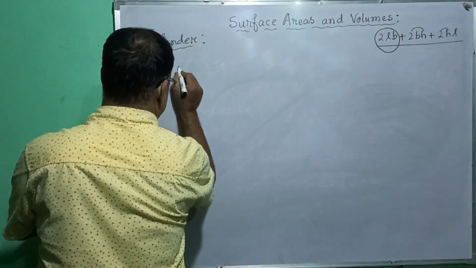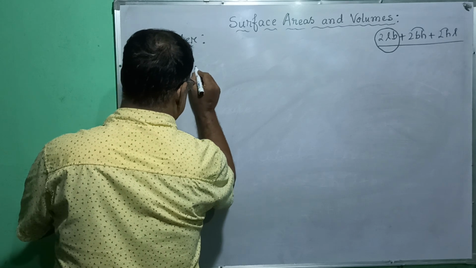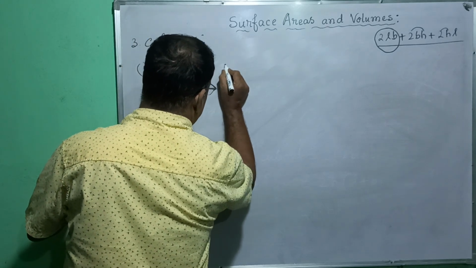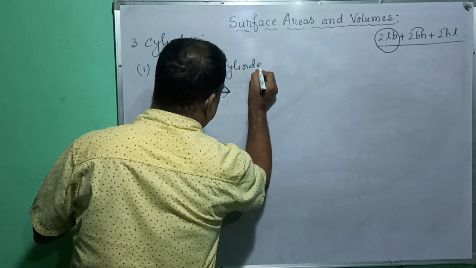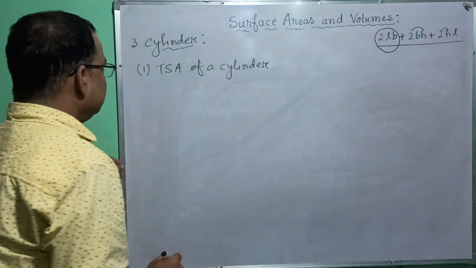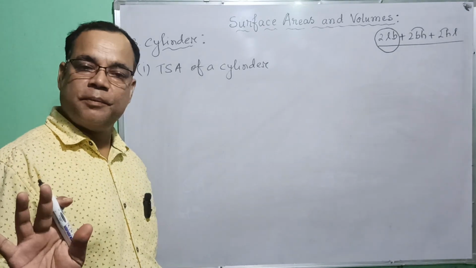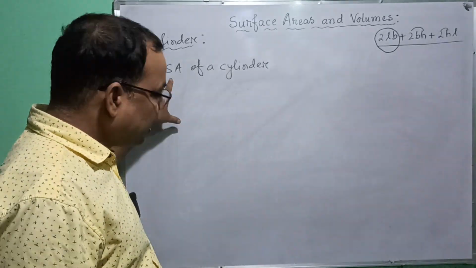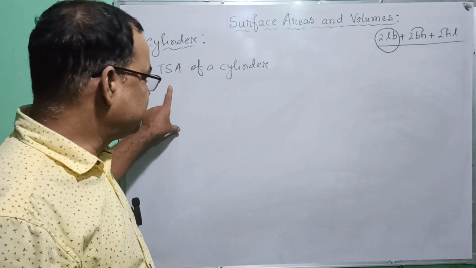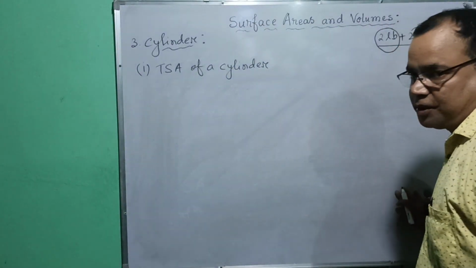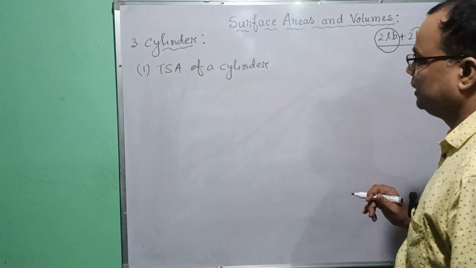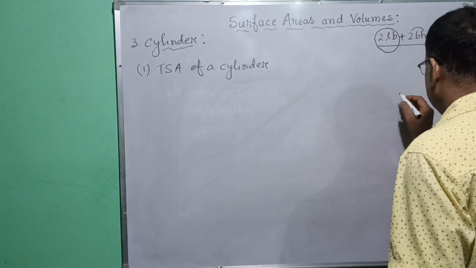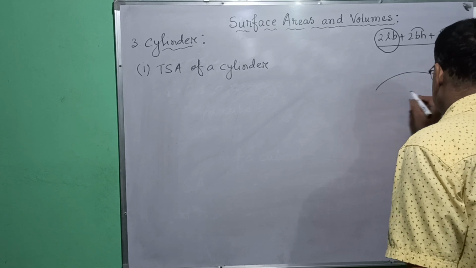So TSA, in short, I am writing total surface area of a cylinder. So before writing, all these formulas you can get from any book also, but I am giving you these formulas by explanation so that you can remember. That's why you can see carefully cylinder. So let me draw a cylinder first.